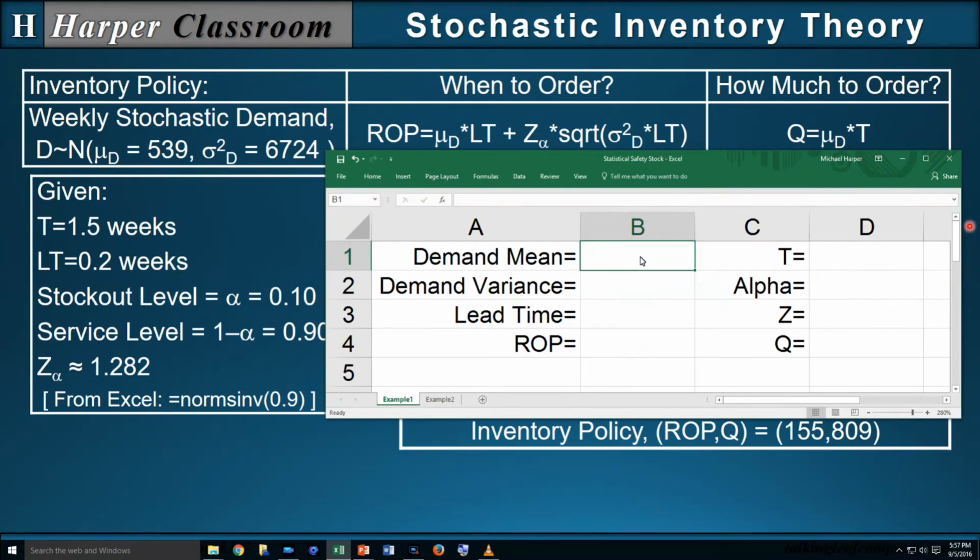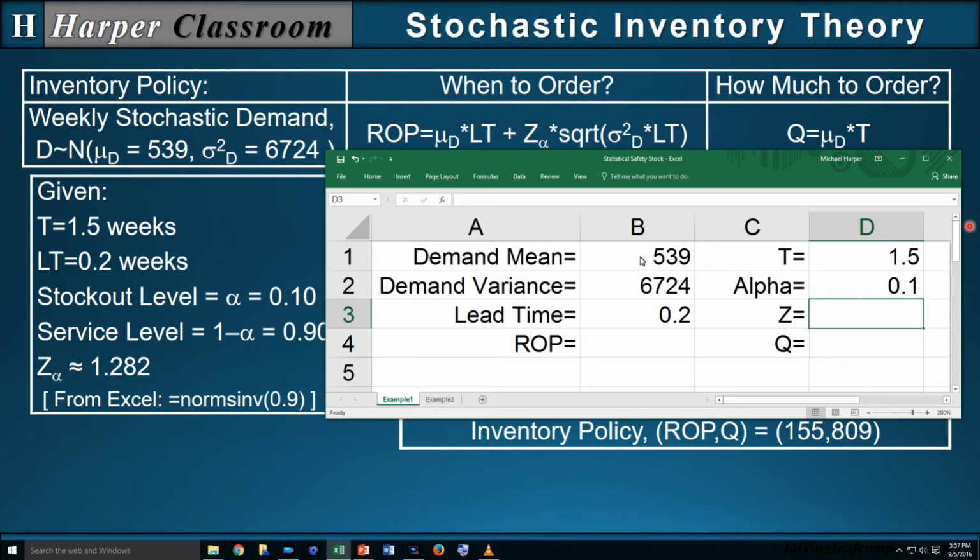So let's type in our values. Our demand mean is 539. Our variance is 6724. And our lead time is 0.2. Inventory period is 1.5 weeks, and our alpha is 0.1.